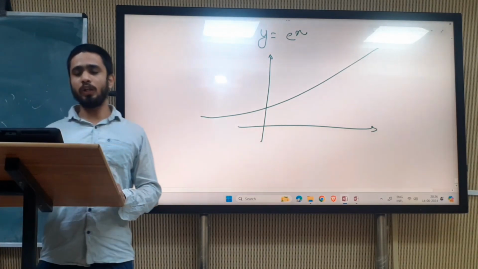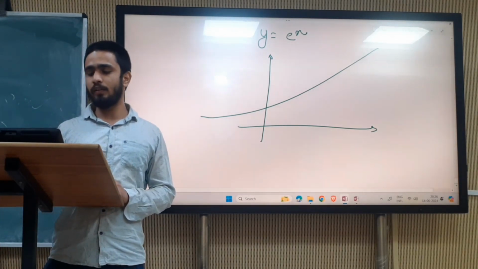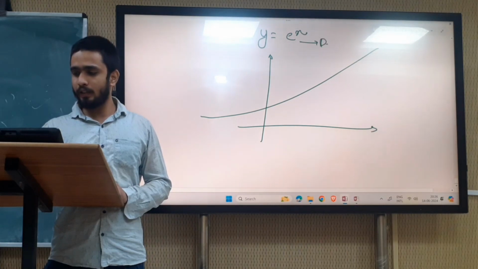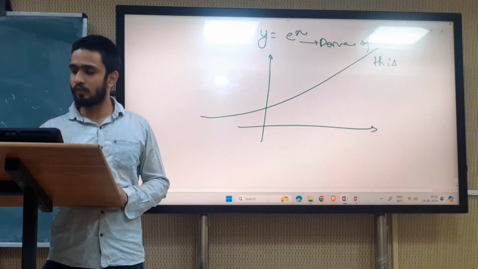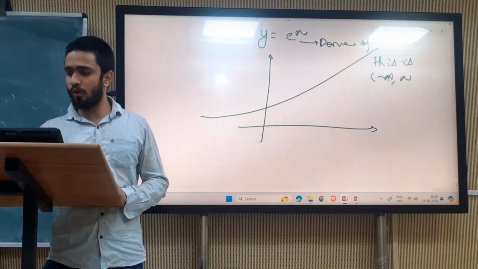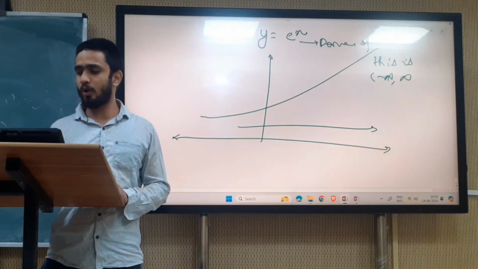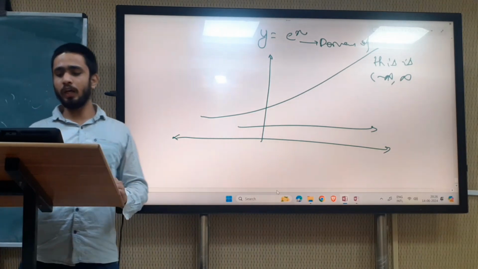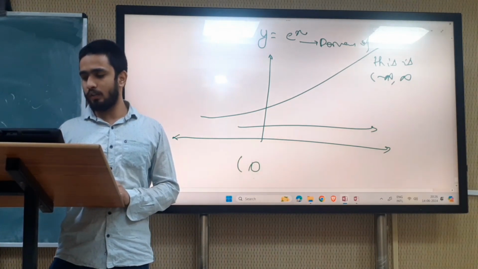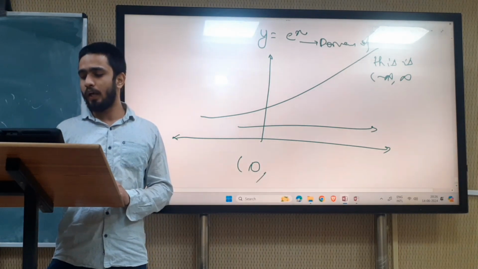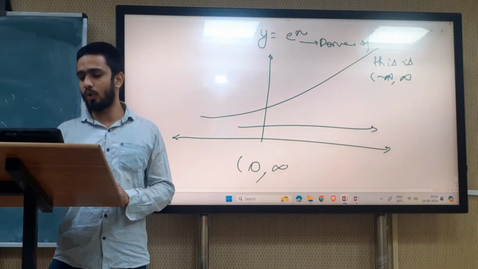The domain of this is minus infinity to infinity, all x are possible. When we put x as minus infinity, its value is 0, and when x is infinity, its value goes to infinity.